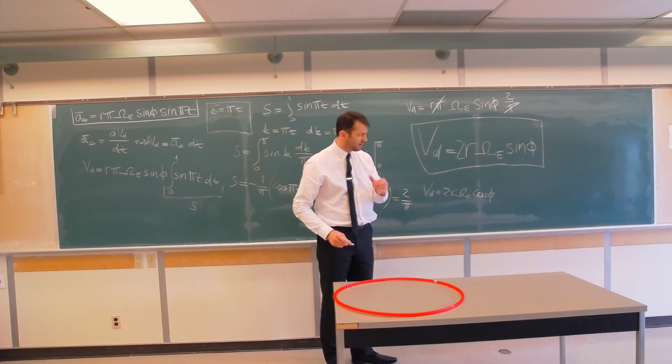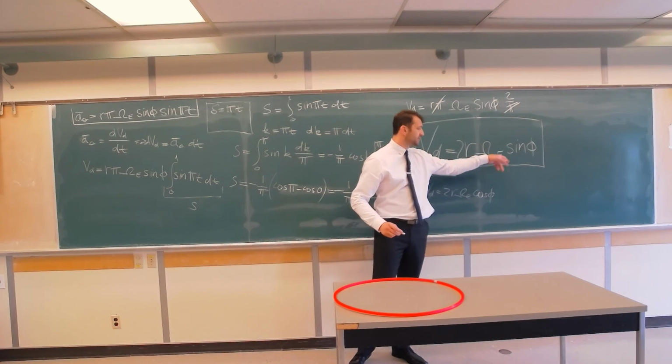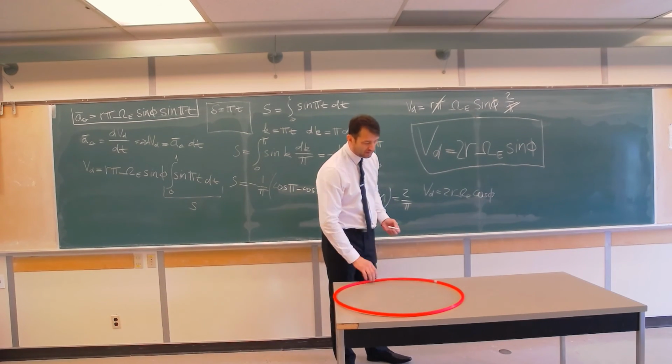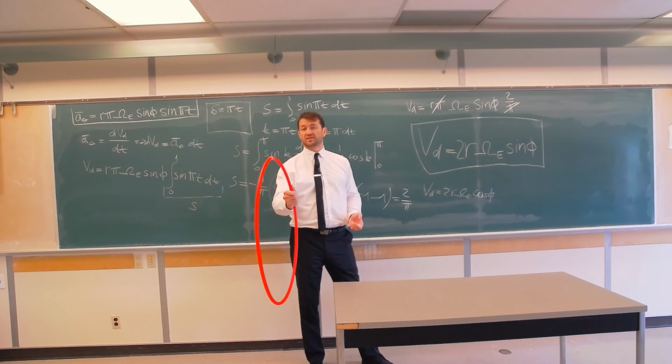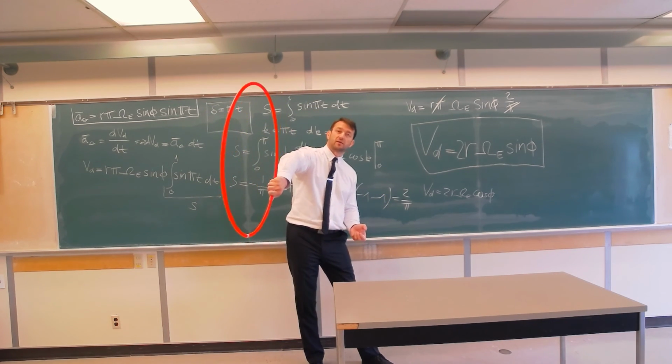Instead of sine of latitude phi, you will have cosine. You can convince yourself by repeating this derivation, but starting from vertical and going back to vertical.